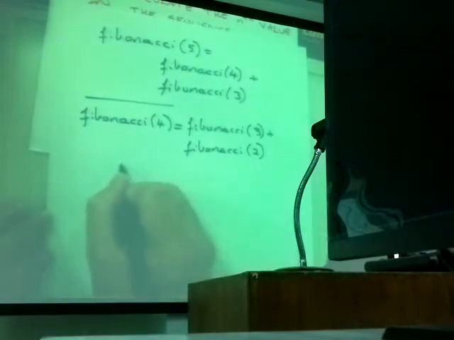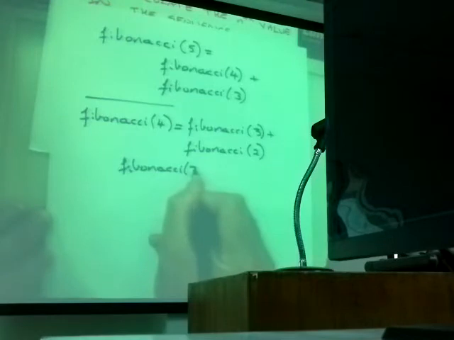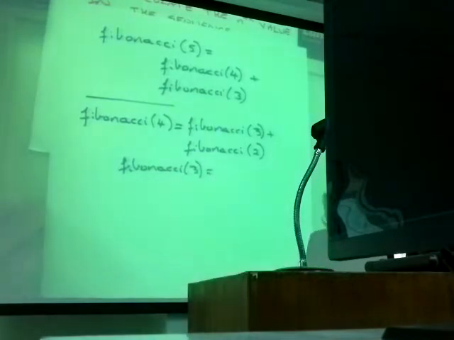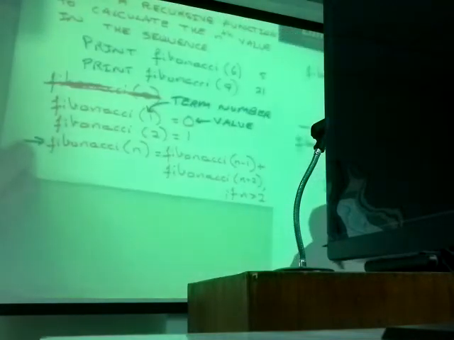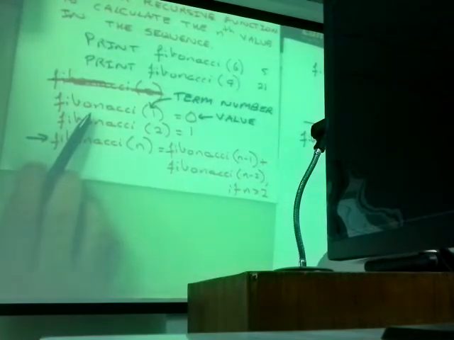Okay, so let's finish this one first. So by the definition, how would I calculate Fibonacci 3? What is that? Again, is it this line?